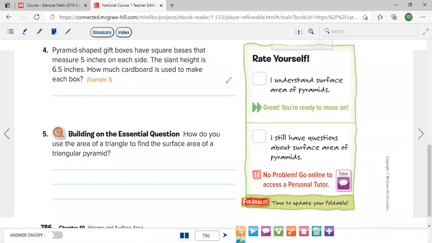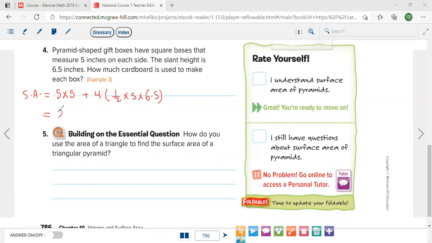So we are going to say surface area equals area of the base shaped like a square, so 5 by 5, plus 4 faces, one face shaped like a triangle. This triangle needs a base and height. The base will be one side of the square for sure, so half times 5 times the slant height, which is 6.5.